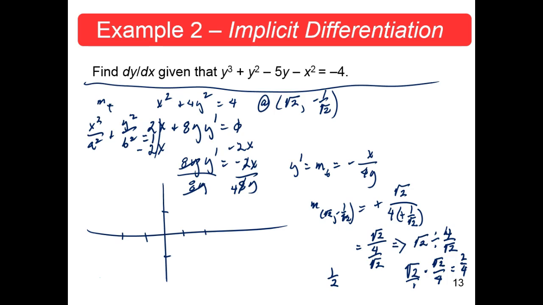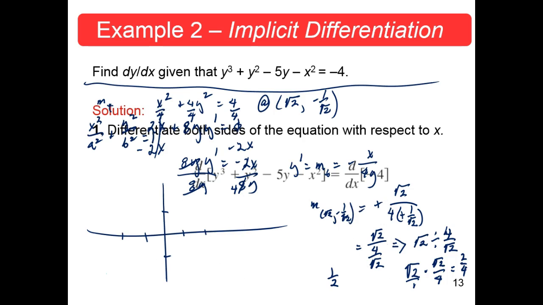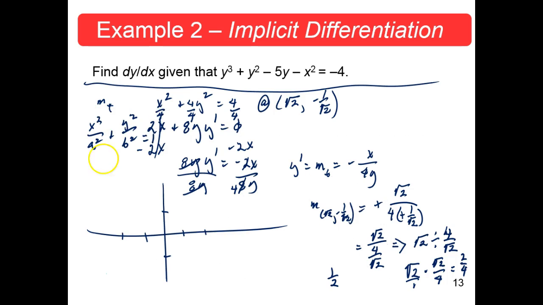Well, how would we get that to be a 1 over there? You divide both sides by 4. Everything on both sides by 4. So this gives you x squared over 4 plus y squared over 1, 4 over 4 is 1, is equal to 1.